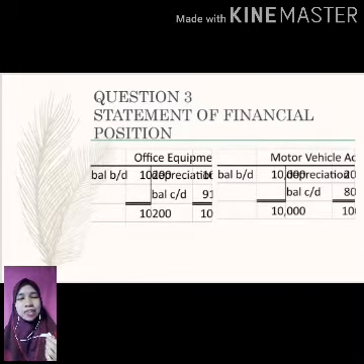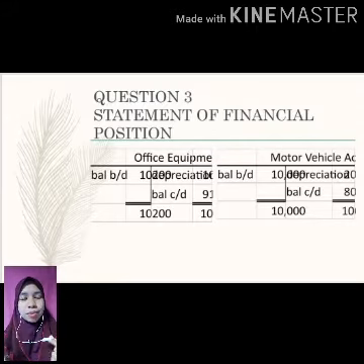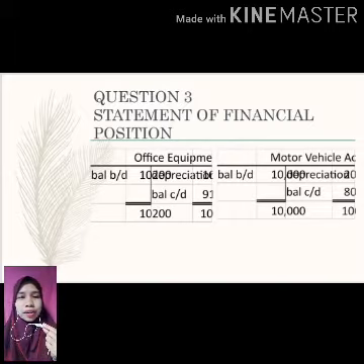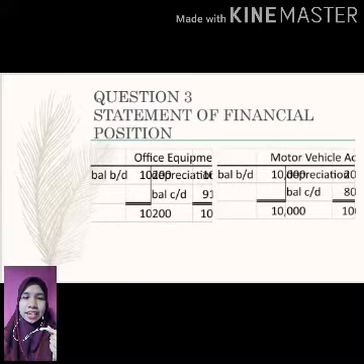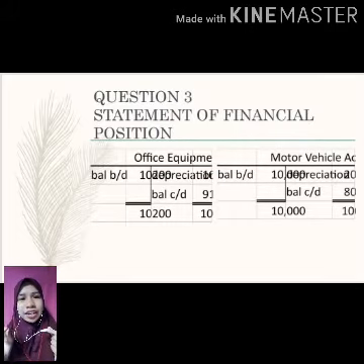After that, we also created the ledger for the motor vehicle account for the same purpose. On the debit side, we put the brought down balance, which is RM 10,000, while on the credit side, we put depreciation, which is RM 2,000, and the carry down balance is RM 8,000. So these carry down balances will be put in the financial position statement.